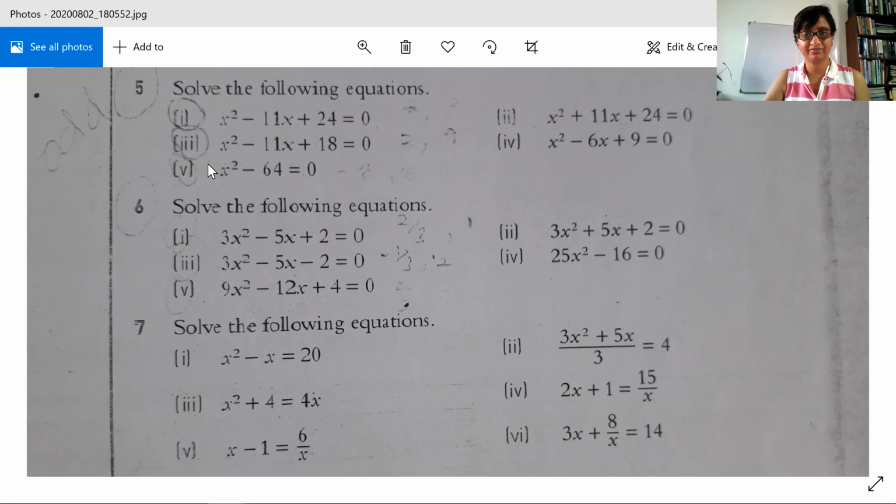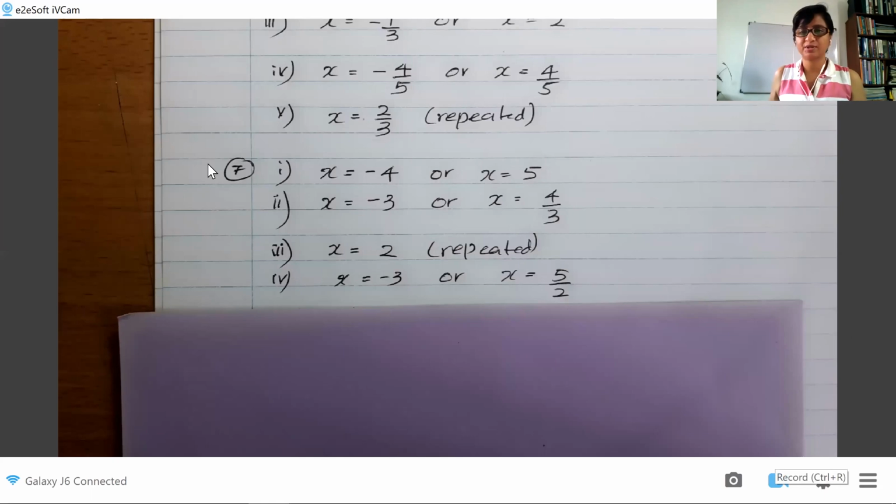Even the fifth one. So the last three don't look like quadratic equations. The fourth one's answers are x equals minus 3 or x equals 5 halves, that is 2.5.